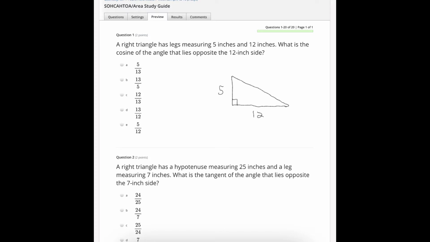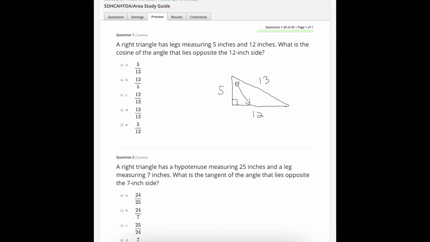What is the cosine of the angle that lies opposite the 12-inch side? So the angle that lies opposite the 12-inch side is here. So this will be our theta. And we're going to need our hypotenuse. So this is a right triangle triple of 5, 12, 13.